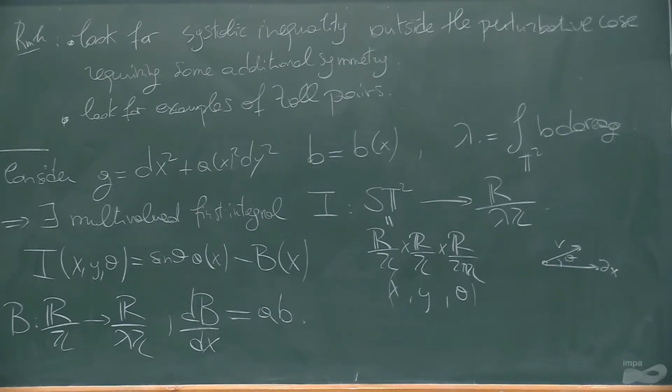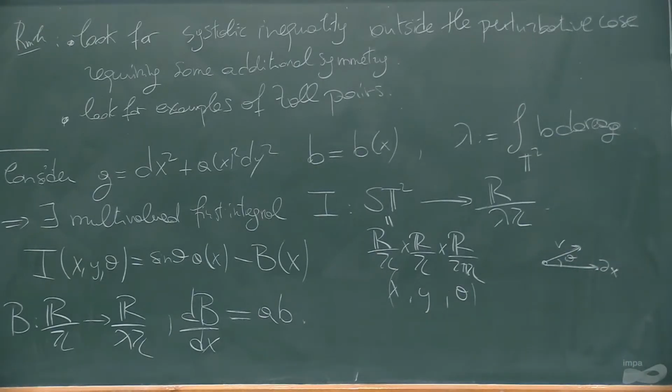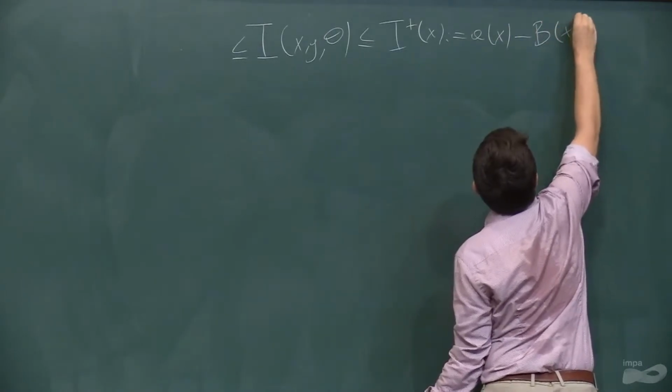And for this, the first thing is to understand the critical points, the critical values of I. So we know that I is sandwiched between these two functions. One is I plus of x, which is a of x minus b of x.